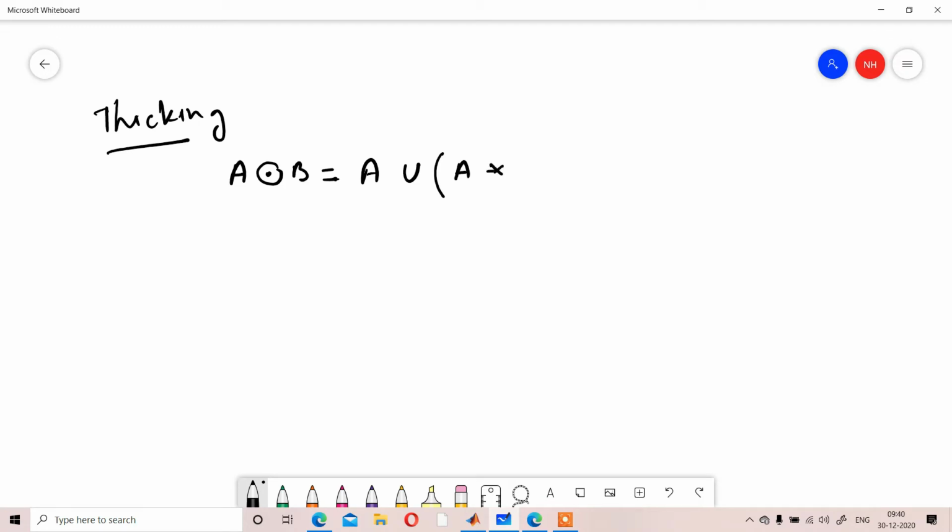So there you need to consider the thickening process. The thickening, A thickening B, where B is your structuring element, gives you A intersection A thinning B.